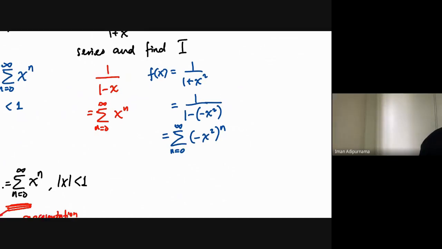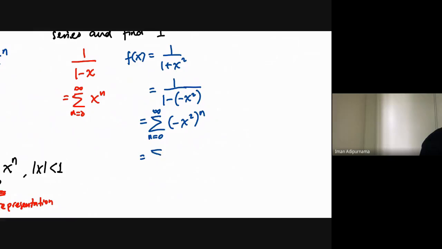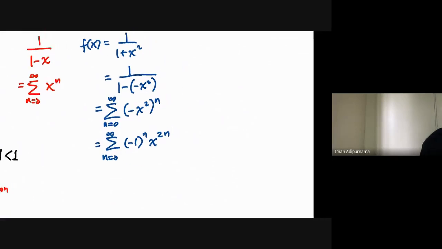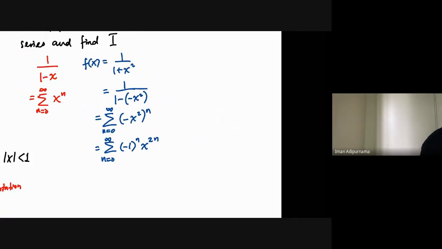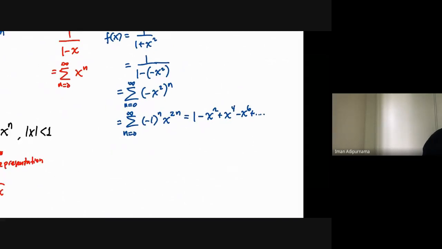Or you can make the form smoother. You can separate the negative one if you want, like that, and x to the 2n, and you can actually show what it looks like if you expand the series. So this will be 1 minus x squared and so on. And it converges, because it's also a geometric series, when the ratio is less than 1.